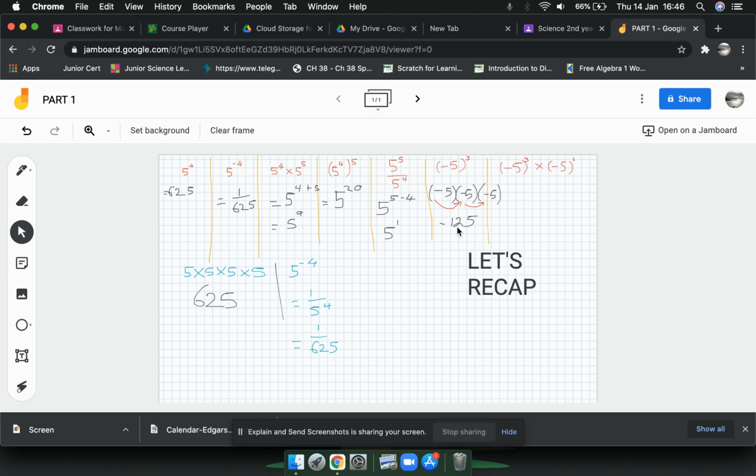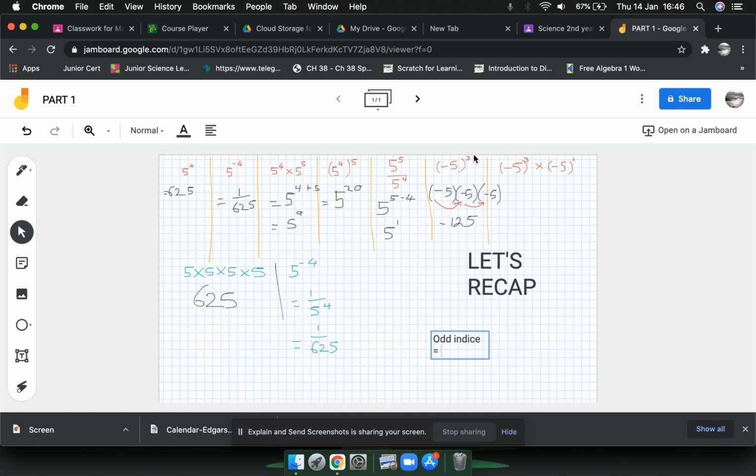So the rule is this: let's type this out all together. If I have got an odd indice, and I have a negative sign like I have up here, so I have minus 5 to the power of 3, then I've met two conditions.